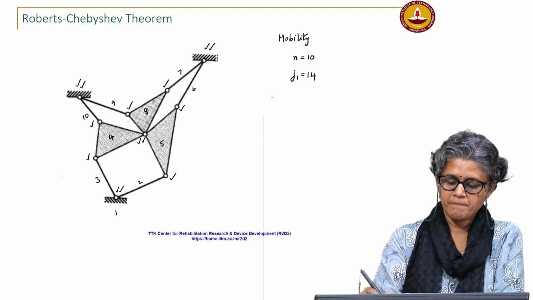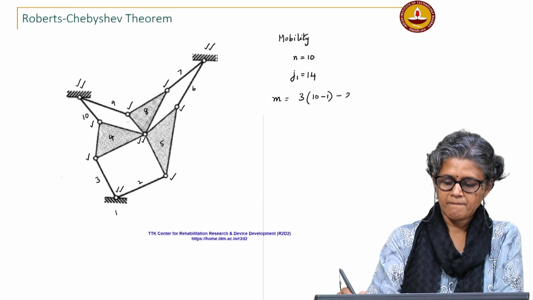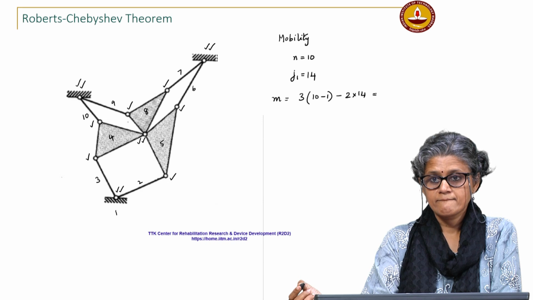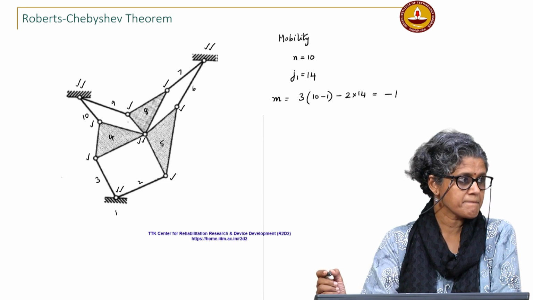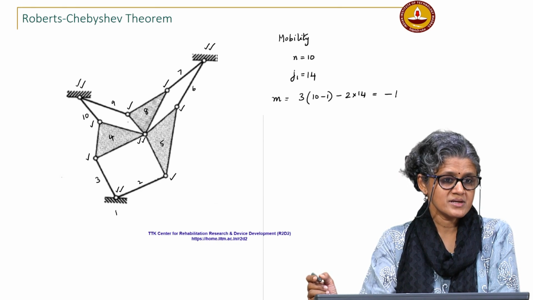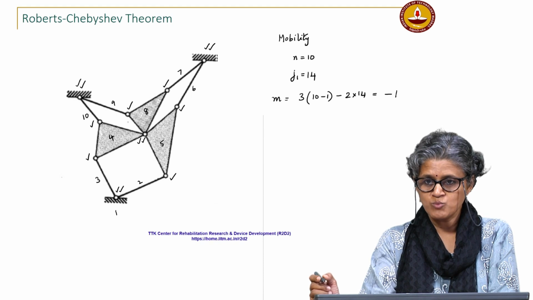What is M? -1. That means it is an over constrained linkage. So, you would not expect it to move, right.